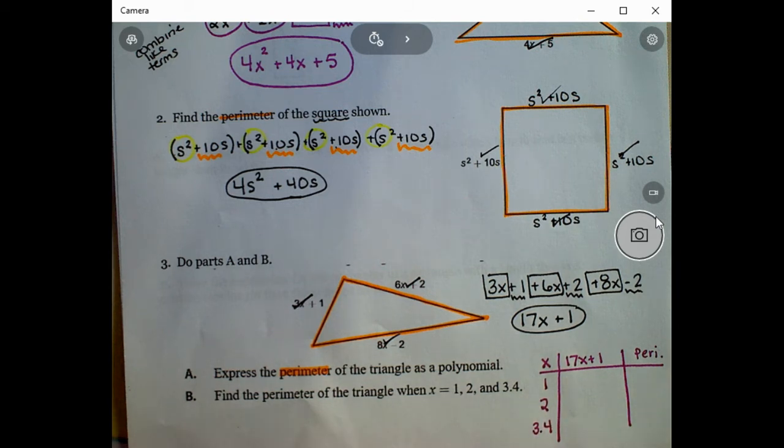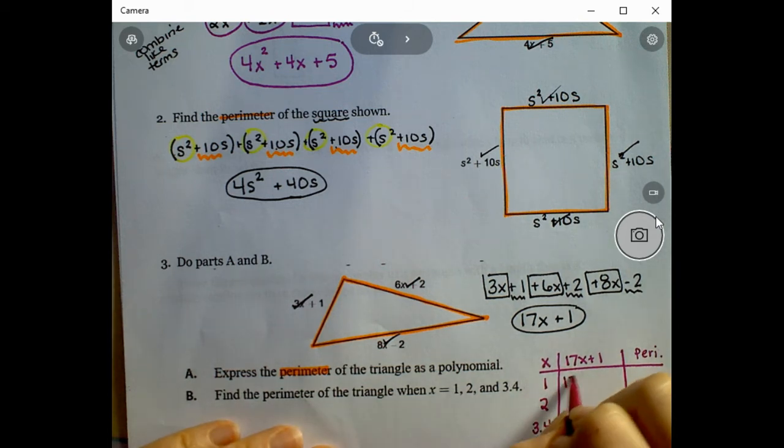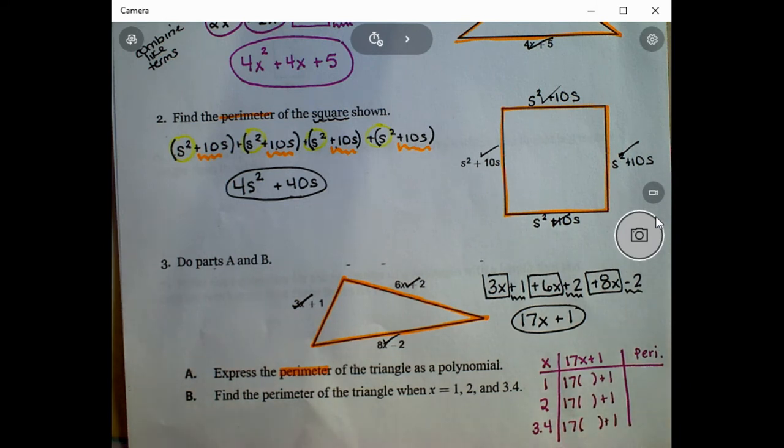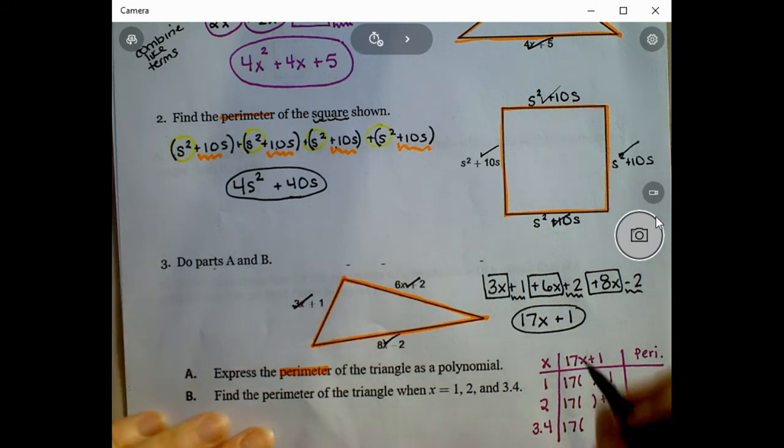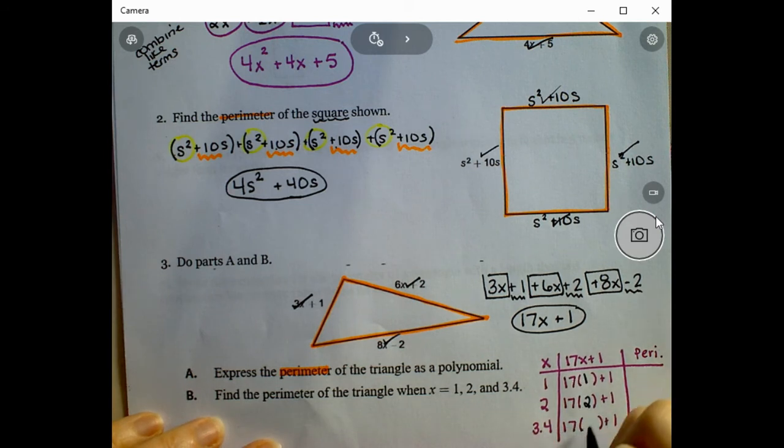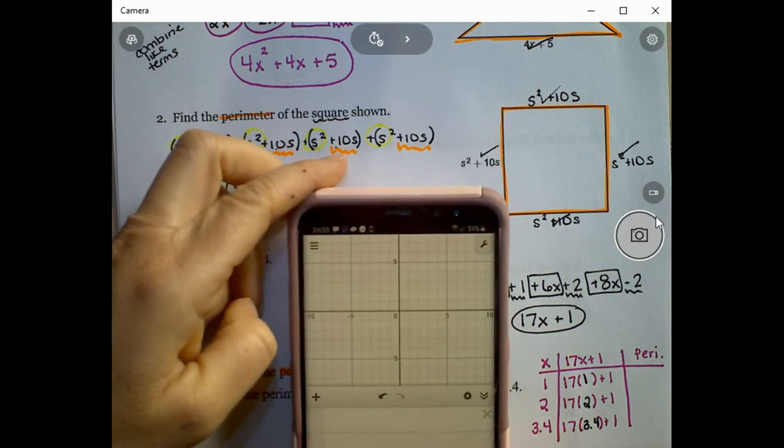And all we're going to do is substitute into our expression. Everywhere there was an x, we're now going to change it to the number that they gave us. And we can do that in our head, or I'm just going to use Desmos real quick, if that's how you would do it.